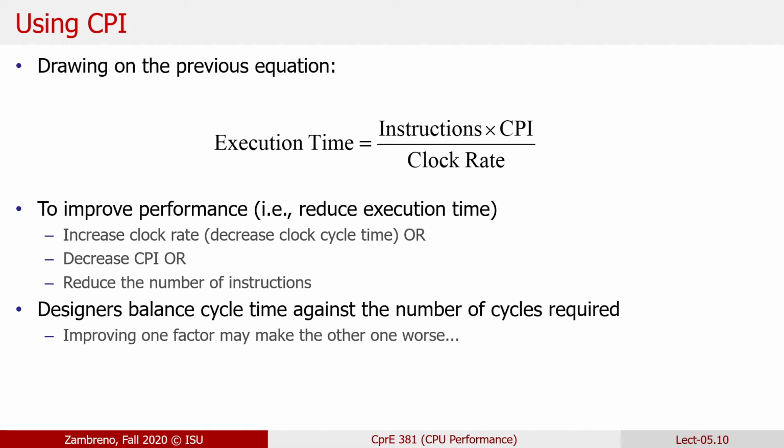CPI is our average clock cycles per instruction. We can decrease that, although it's a little bit trickier. If it's associated with our instruction mix, we can potentially do things at either the algorithmic or a compiler level to change our instruction mix. The example I gave was reduce the number of load word instructions and replace them with jump instructions, or something with lower CPI instructions for the equivalent number of higher CPI instructions.